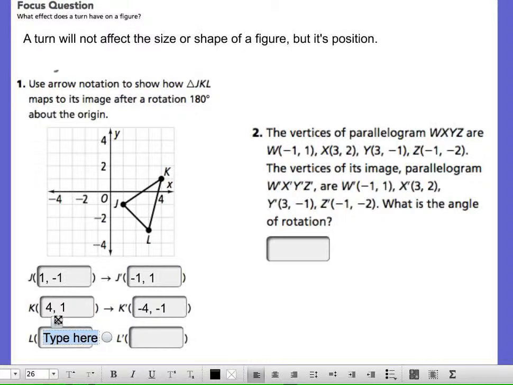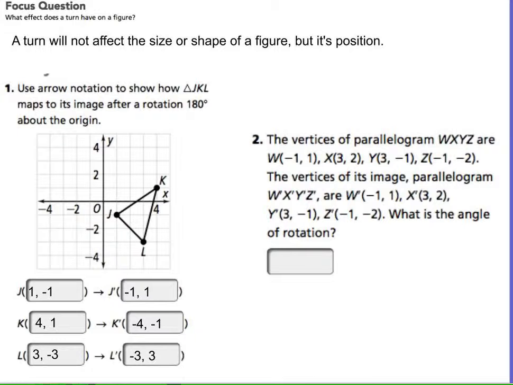And L is at (3, -3). So L prime should be at (-3, +3). And just to make sure we got this correct, we are going to graph this. So we said J prime will be at (-1, 1). K prime will be at (-4, -1).